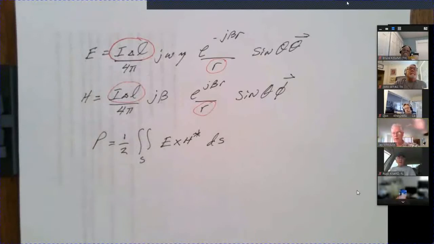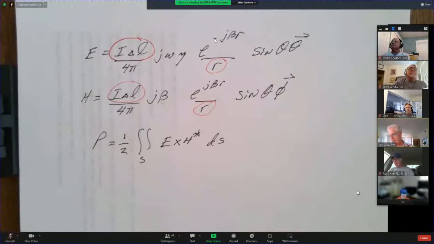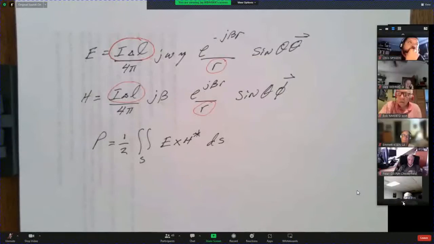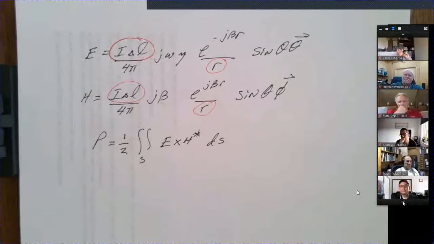Like you say, we'll draw a line or a big sphere around our radio station that's 10 miles away or something like that. And we're going to say, let's measure all of that energy, all of that power that's crossing that sphere, flying out into space. And we're going to add that all up.